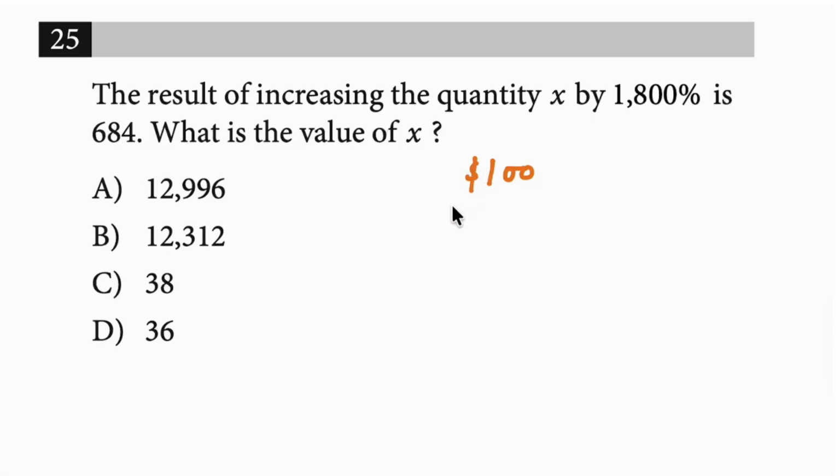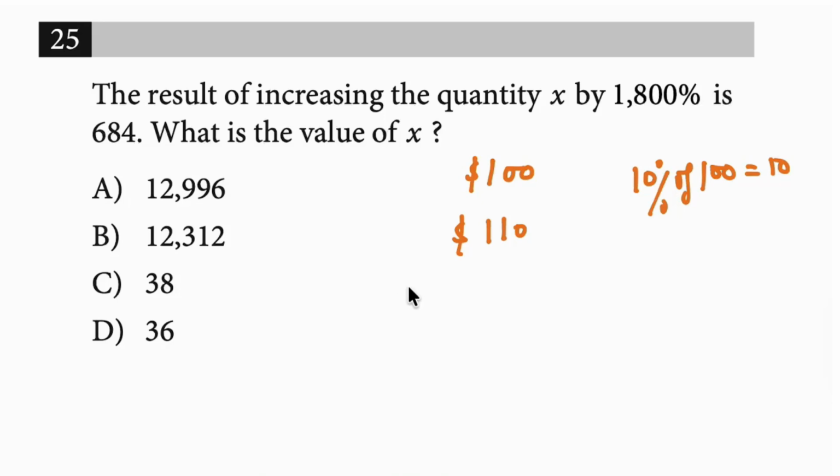I have bought it for $100. I want 10% profit on it. So 10% of 100 is 10, right? That means if I sell it for $110, then my target will be completed. Okay, the position is clear.